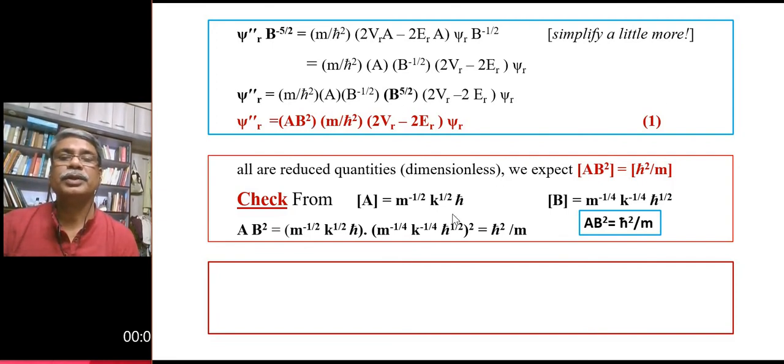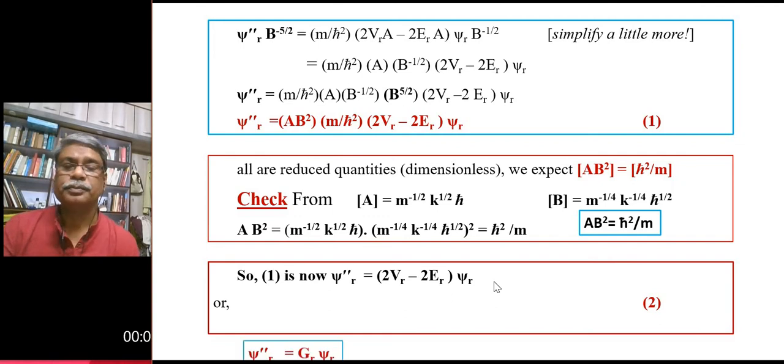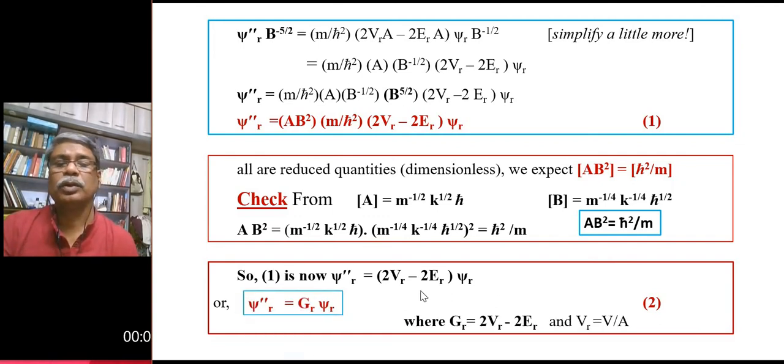So equation 1 is reduced to be even simpler. It looks now like psi r double prime equal to 2 v_r minus 2 e_r into psi r. So that is the simplified form. And if I call this, 2 v_r minus 2 e_r, to be g_r, then the simplest form looks like psi r double prime is g_r psi r.